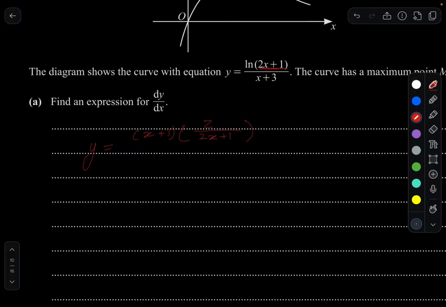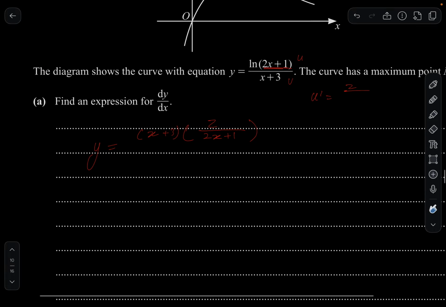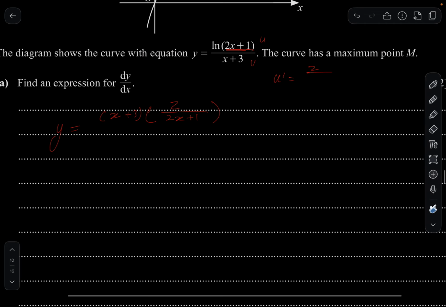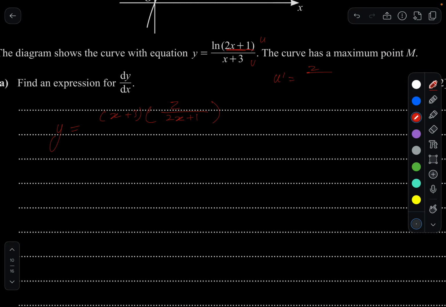So remember, you treat these as two functions. And the derivative of u, u prime, equates to 2 over 2x plus 1. And then v prime equates to 1. Obviously, you can see what v is.